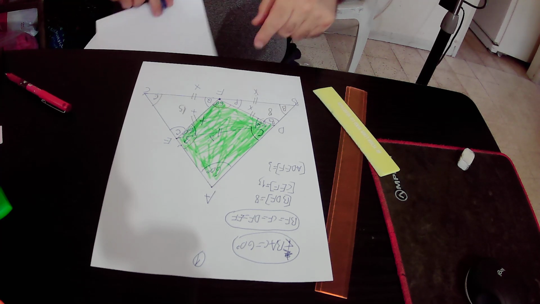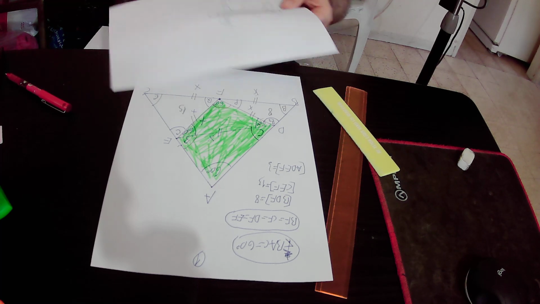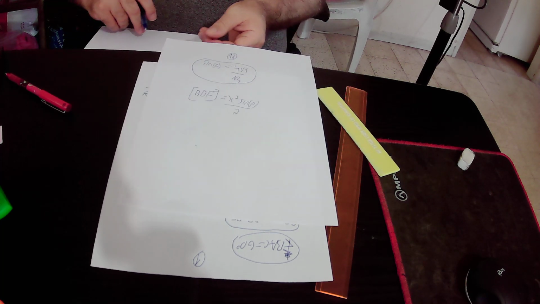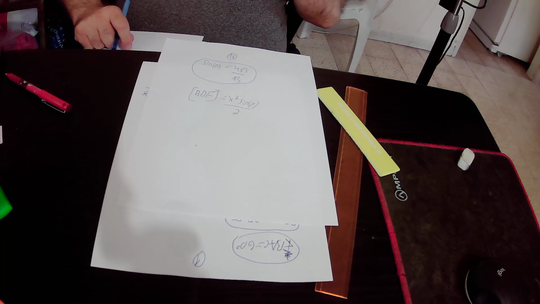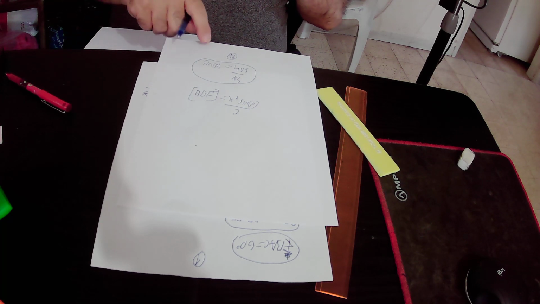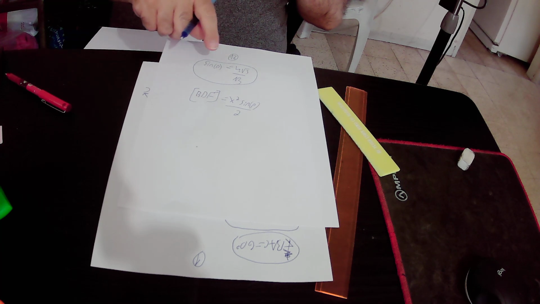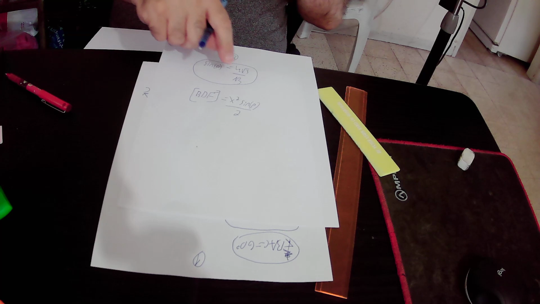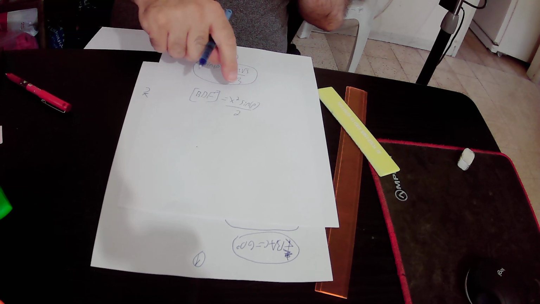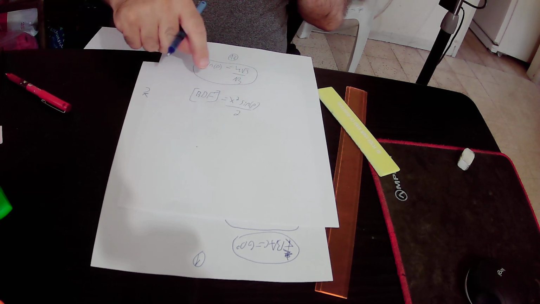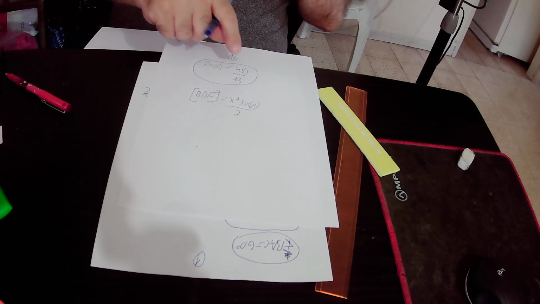Okay, that is the area of this triangle. But we have already found out that sine P equals 4 times root 3 over 13, so we can substitute sine P in this equality by 4 times root 3 over 13.